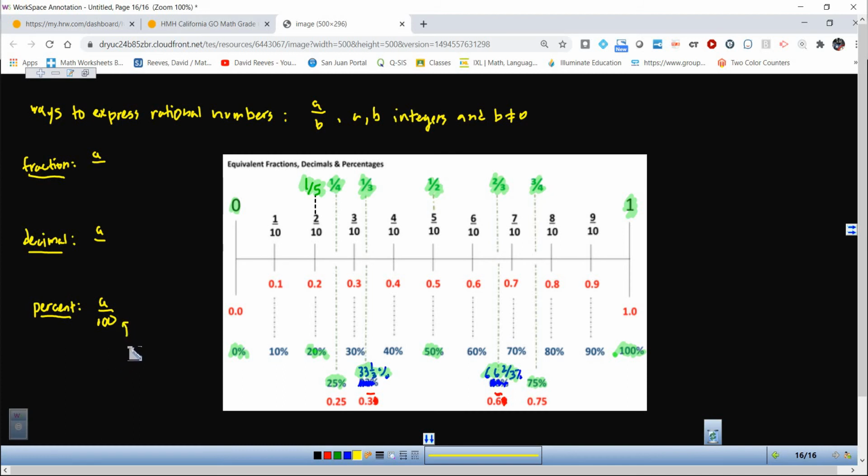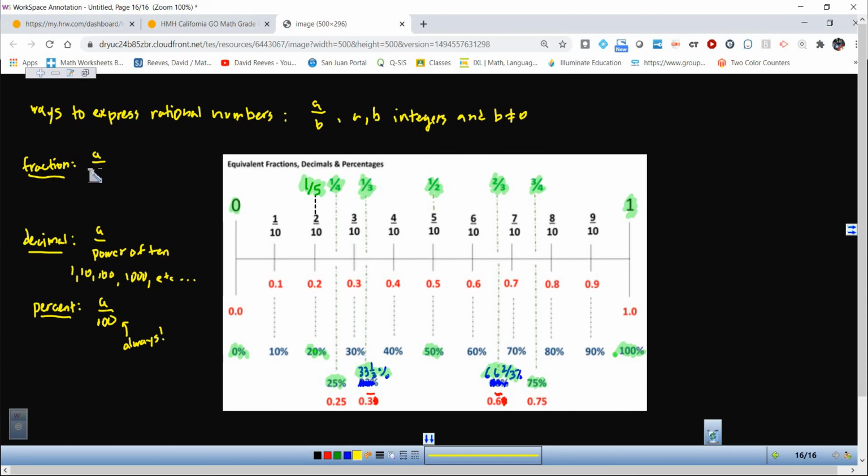Okay, for a decimal, it's going to be a power of 10. So it could be 1, it could be 10, it could be 100, it could be 1,000, etc. Okay. So a decimal is simply a ratio where the denominator is a power of 10.